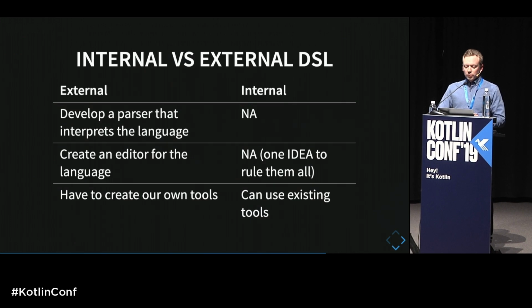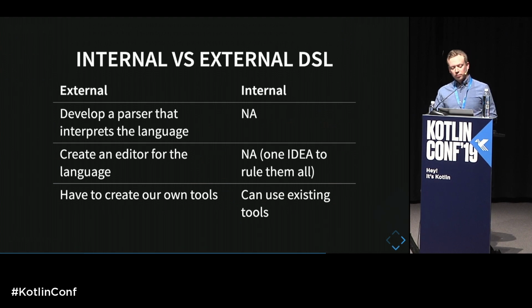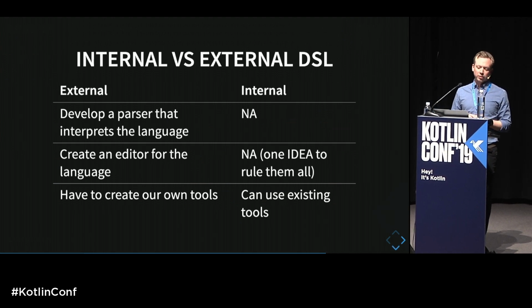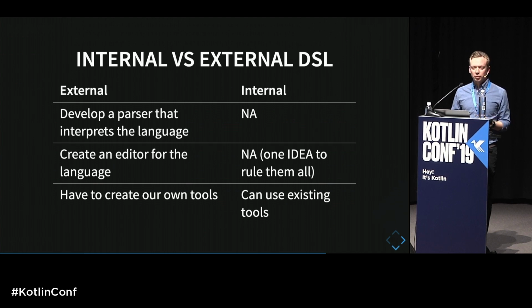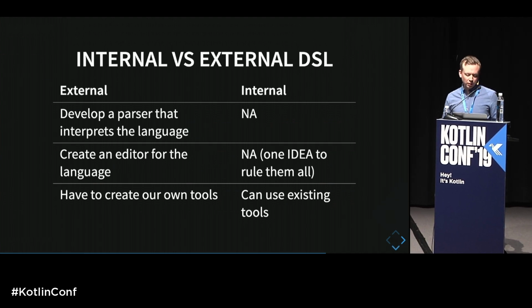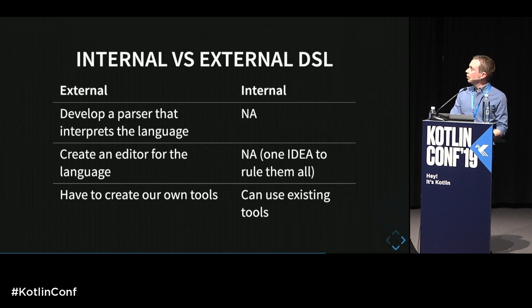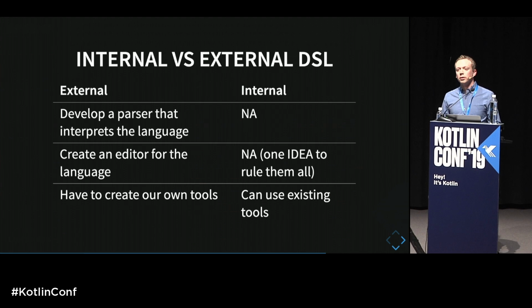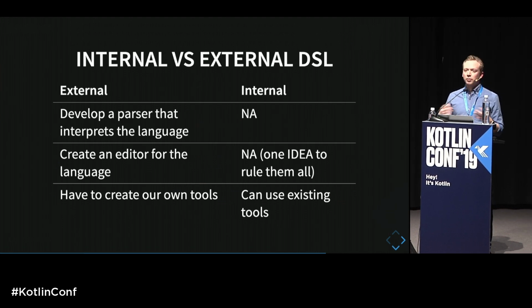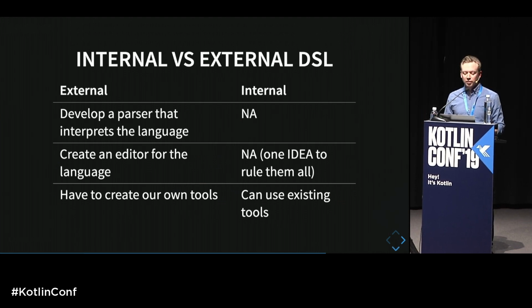So we did a comparison of these two because there was a debate whether we should use an external or an internal DSL. For the external one, you would need to develop a parser that interprets the language. When it's an internal, of course, you get it for free because it's the language itself. We would need to create an editor for the external language.